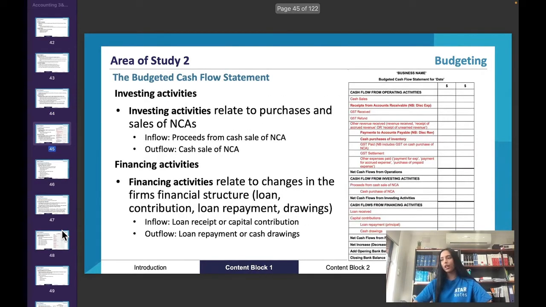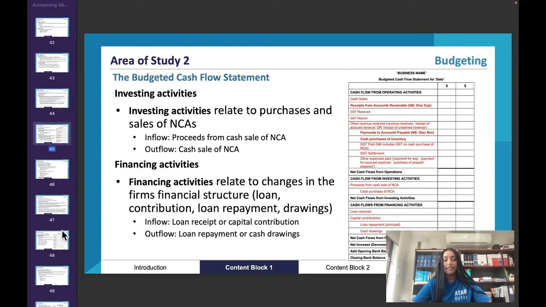Our budgeted cash flow statement also includes future investing activities and financing activities sections. And obviously, investing activities is cash inflows from the cash sale of a non-current asset, and cash outflows from the cash purchase of a non-current asset.